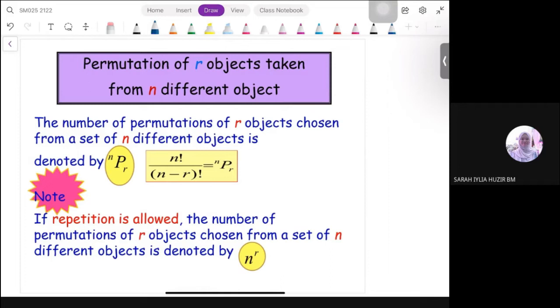Okay, apa akan jadi? Alright, so that's why we have a notation of nPr. Sebab tu dalam calculator dia guna button nPr lah. We can use that if we have same number of options and objects or different number of options and objects. Okay, so that's for different number. Notation berubah but then still the same process.